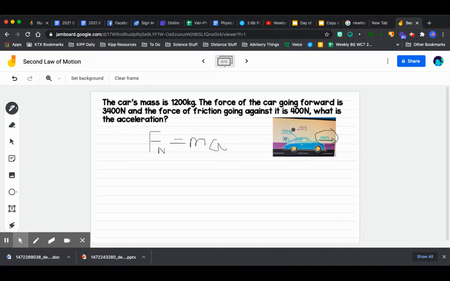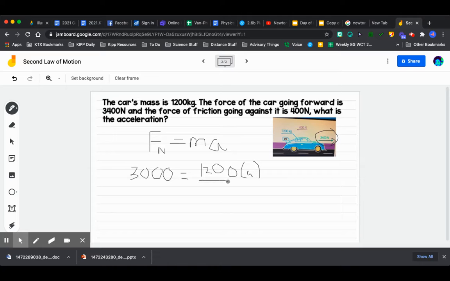All we have to do is subtract. So 3,400 minus 400 is 3,000 newtons. So our force is 3,000 newtons, and our mass is 1,200. And we don't have a.